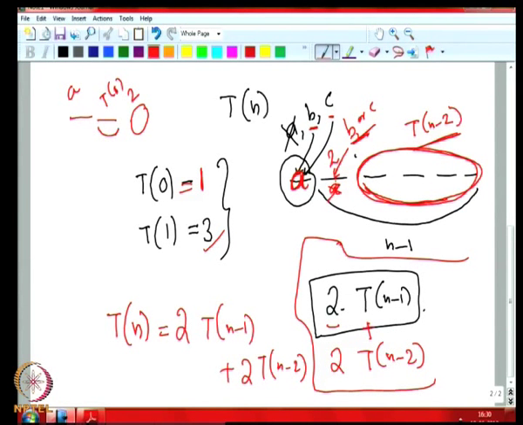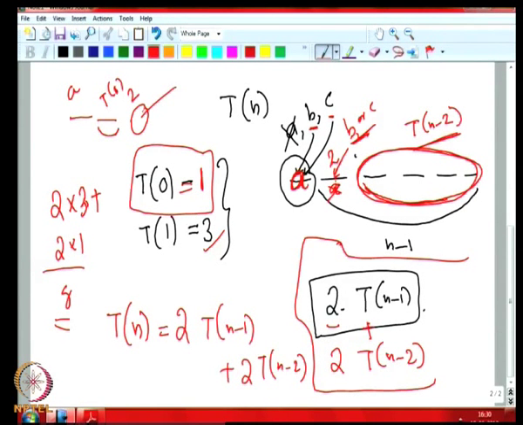We should put it as 1. So earlier it was 2 into 3 plus, now it is 2 into 1. So total 8, correct. So T of 0 should be set as 1 for this purpose.